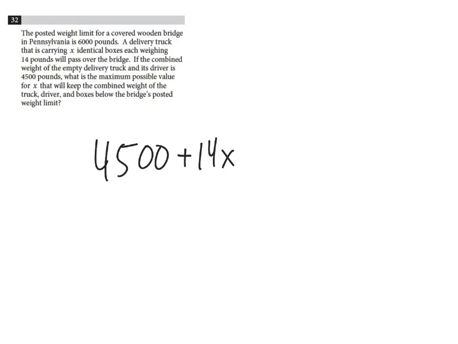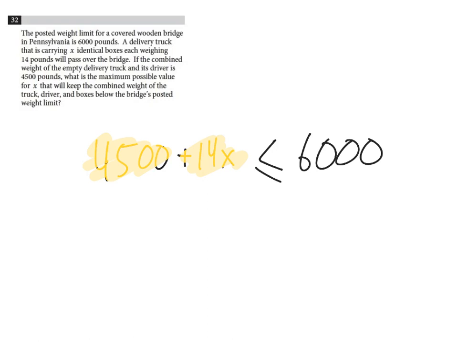Okay, so what we have here is the weight of the truck and driver, and here we have the weight of the boxes. Well, that needs to be less than or equal to 6,000 pounds, because the maximum weight limit for the bridge is 6,000 pounds. So we just need to solve for x.